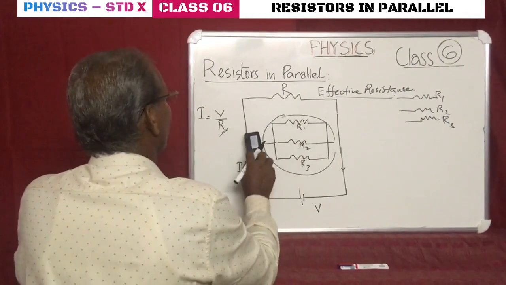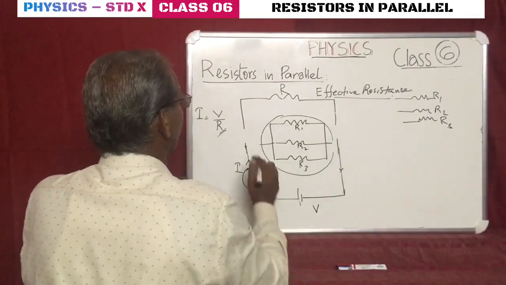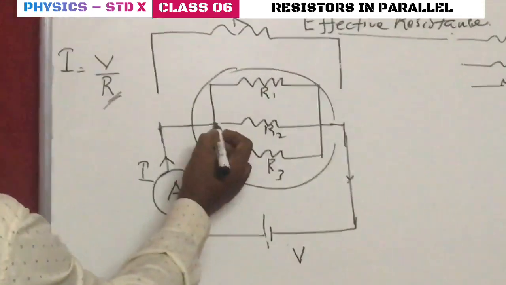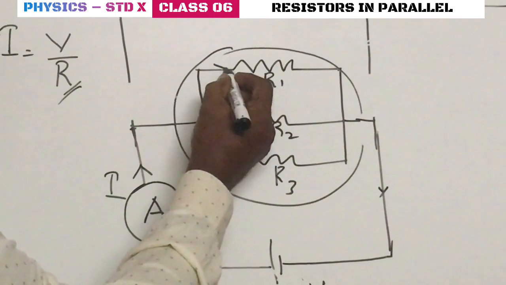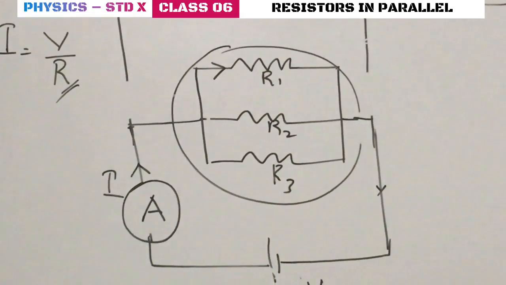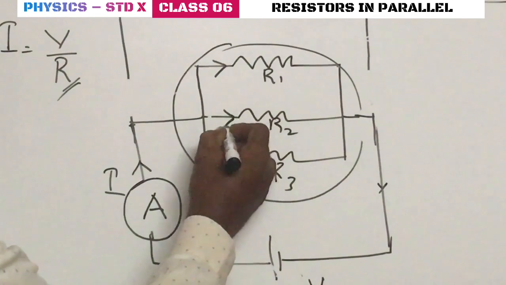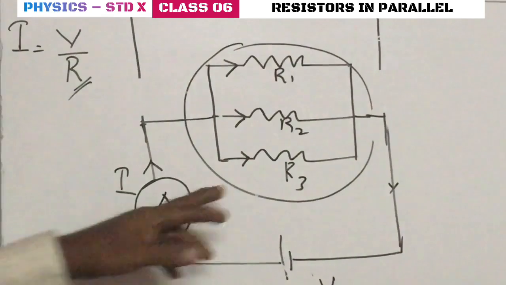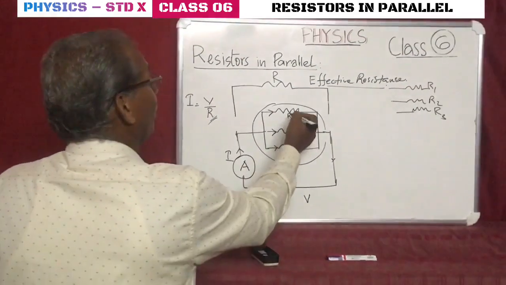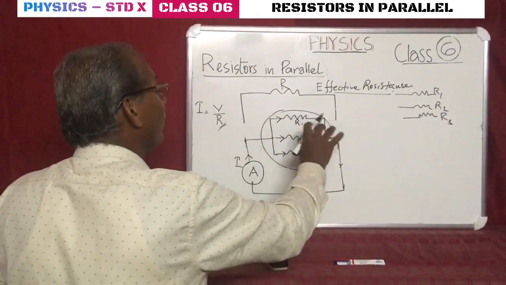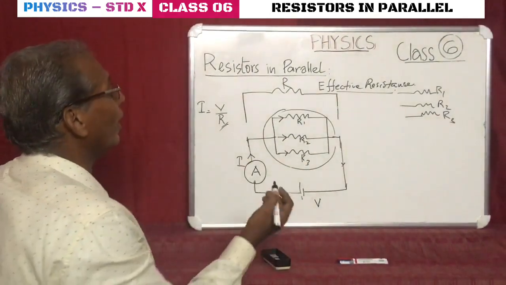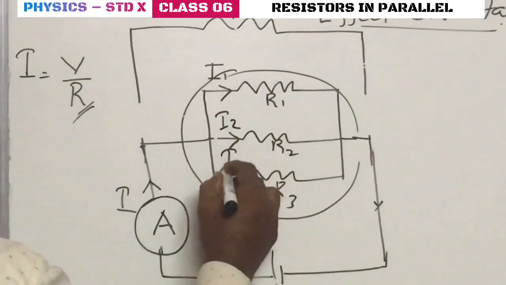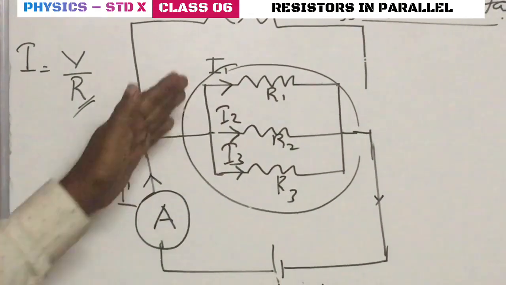Now, if current is passing through this circuit, once it reaches here, one current will flow through this resistor R1, another current will flow through this resistance R2, and another will go through R3. So, depending on the resistors, different current will be flowing. So we can name it as I1, I2, I3, and we can call it a branch.